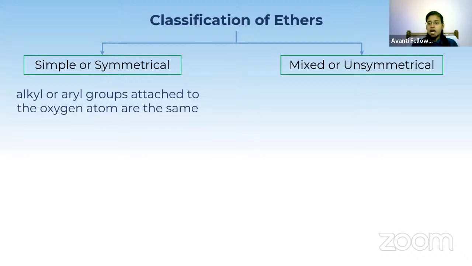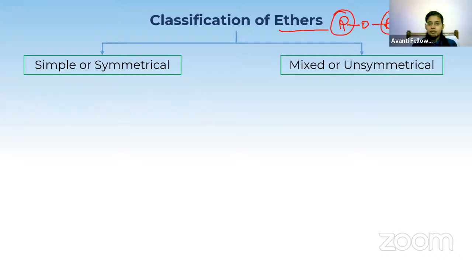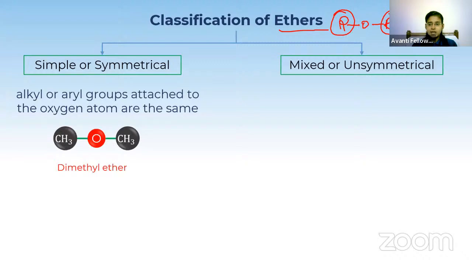If the alkyl groups attached to the oxygen are the same, then it is called a simple or symmetrical ether. What is the general formula for ether? It is ROR, right? If the two R groups are the same, so here in the example you see the two R groups are CH3.